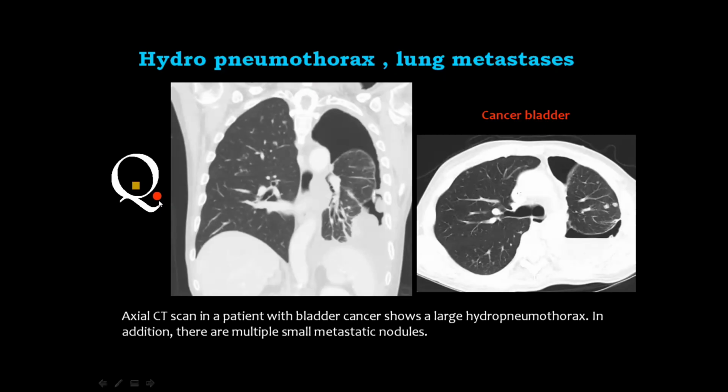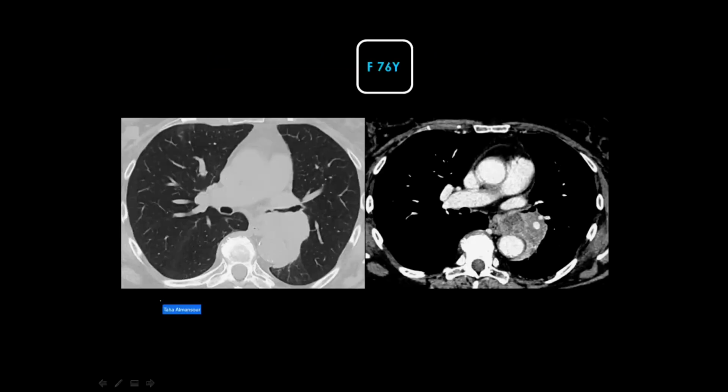Then you have to look where are these 4 findings in the images provided. Next case is a female patient, 76 years old, and you got this mass around the descending aorta.